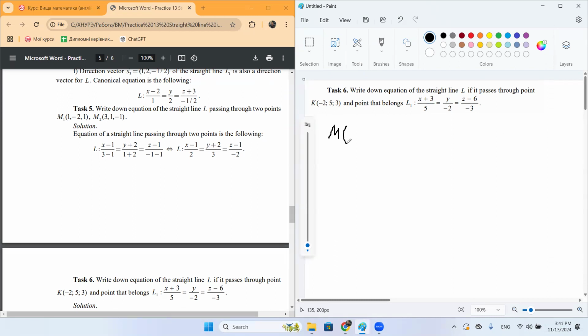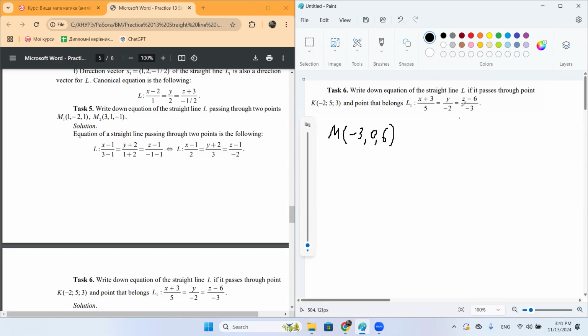Basically, we can find the coordinates from the equation. So -3, 0 and 6. So these are coordinates of the point that belongs to L1.